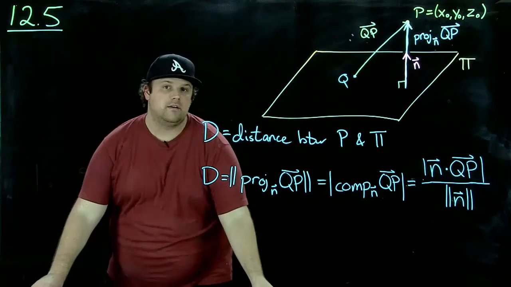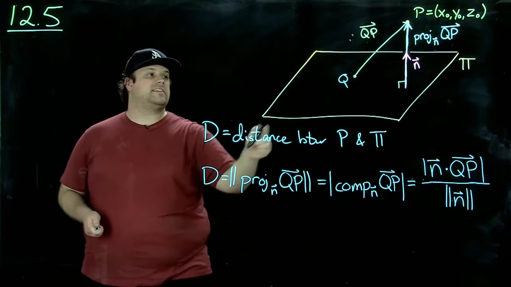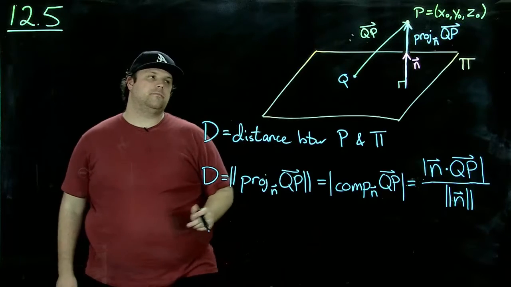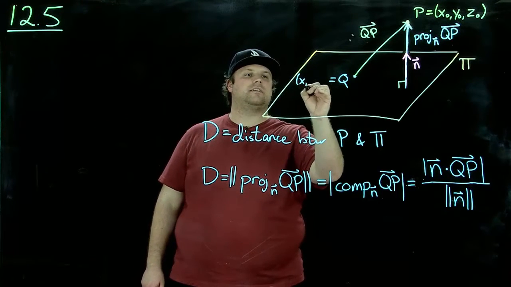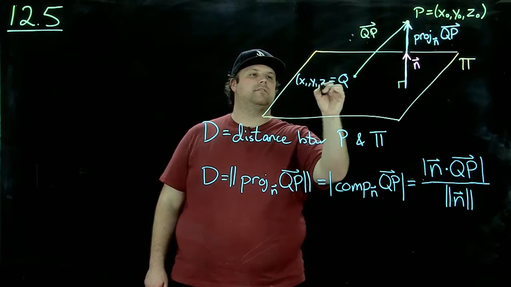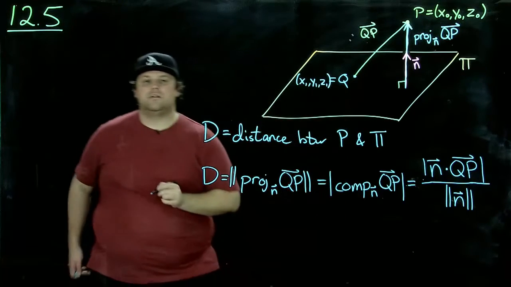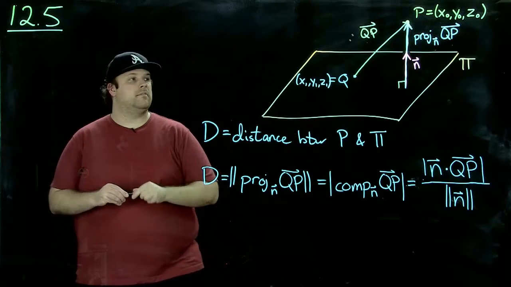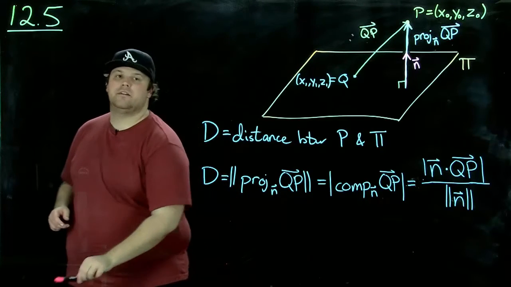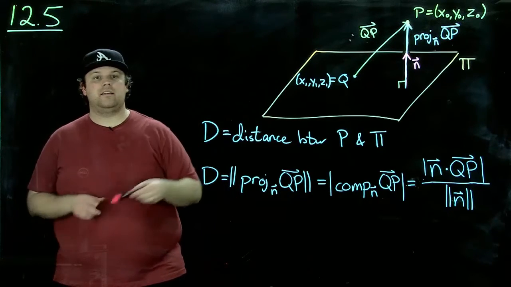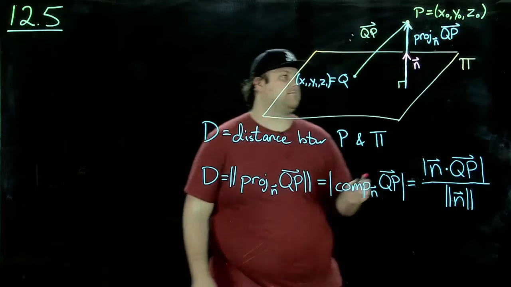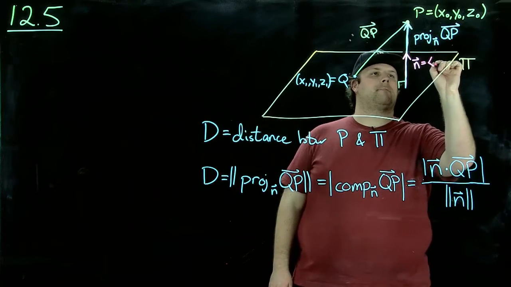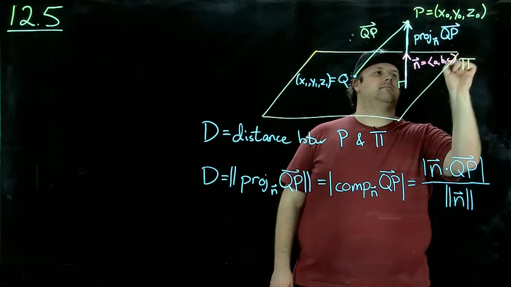Okay? And now I want to give numbers to Q. Well, let's say Q is x1, y1, z1. All right? No big deal. And for the vector n, let's do the traditional ABC.